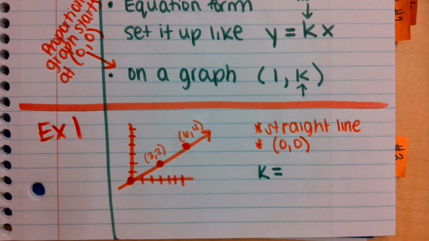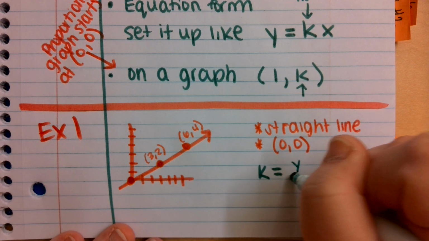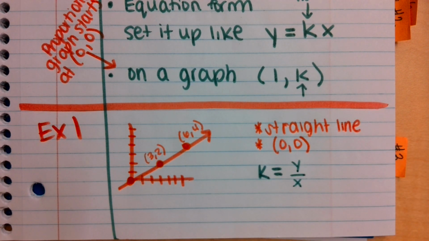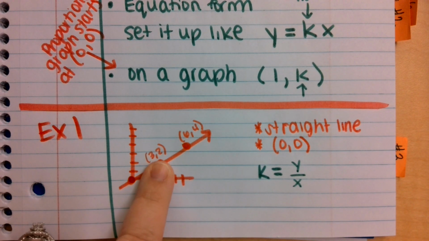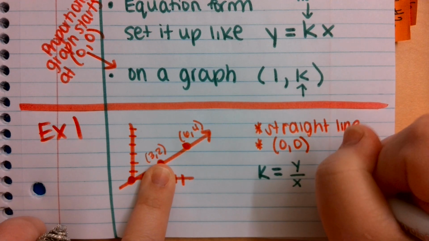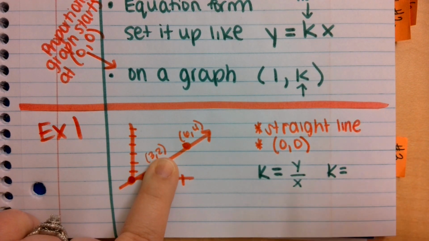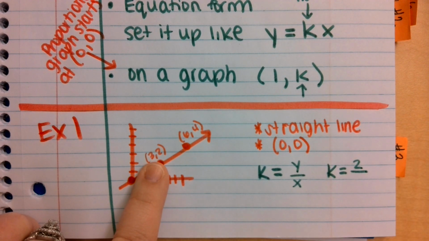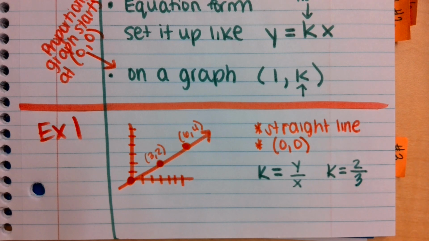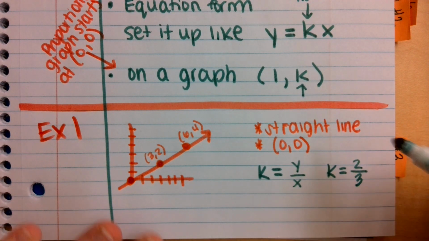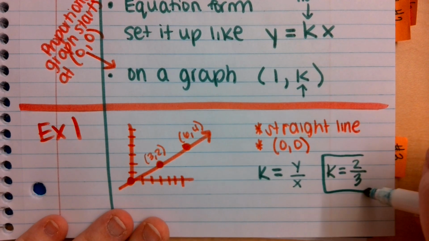So the way we're going to do that is y divided by x. I'm going to pick a point. Let's do the smaller numbers. That'll be easier. K equals, the y value is 2. The x value is 3. So my constant of proportionality is 2/3.